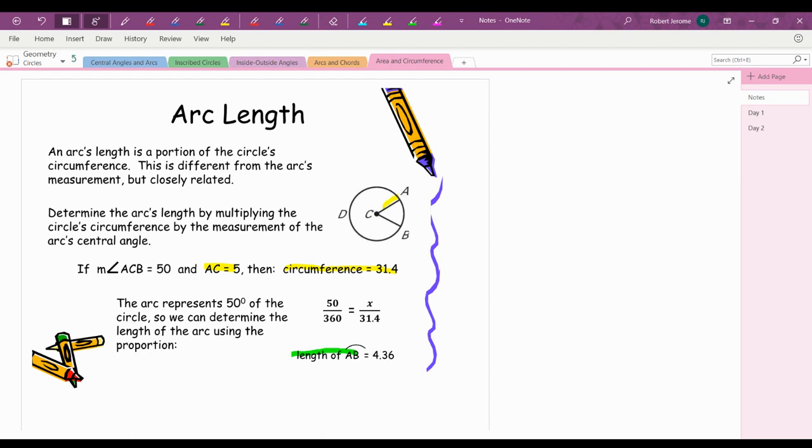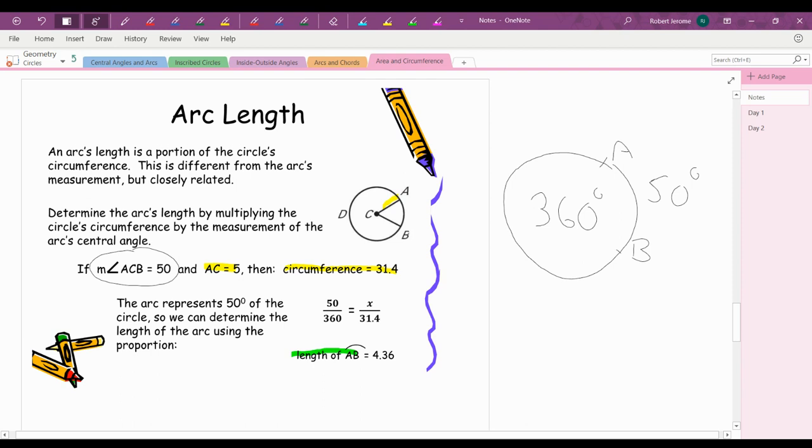Well, think about it like this. The full circle, so the whole circle is 360 degrees. But we're only going to go from A to B. So in this question, we're only going 50 degrees.